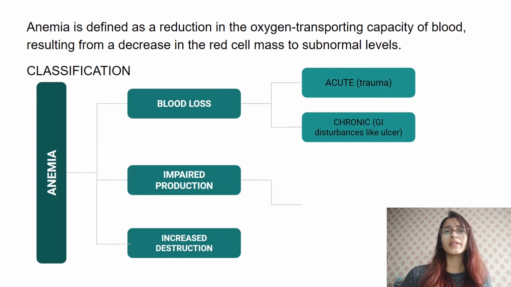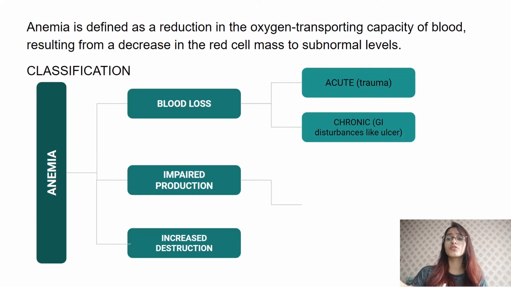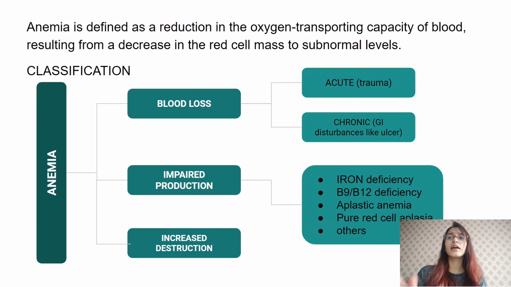Next we have impaired production due to some kind of deficiencies, like iron deficiency that leads to decreased amount of hemoglobin, or B9 and B12 deficiency that will cause less division of red blood cells, or aplastic anemia in which you'll see pancytopenia. And then we have pure red cell aplasia or other factors that will just decrease the production of RBCs.